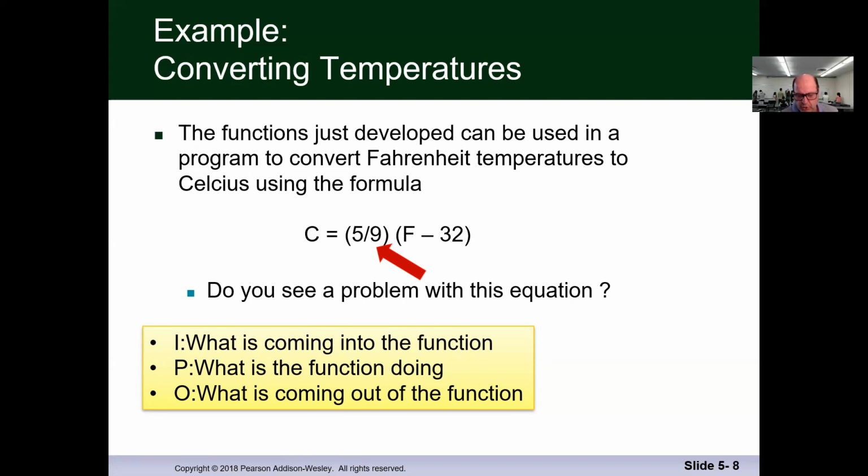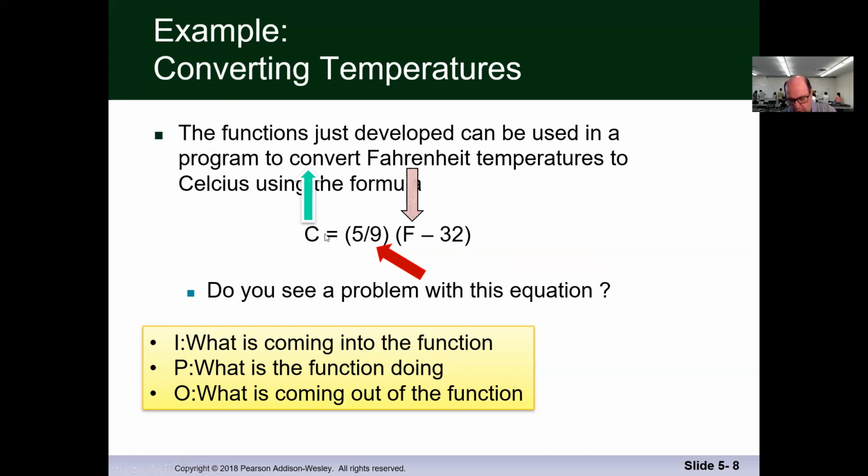So that's the description that we're going to put in for the comments. Then the question is, what's coming into it and what's coming out of it? So Fahrenheit is what's coming into my function, and centigrade is the one that's coming out of it. So I have one thing going into my function, one thing coming out of it.